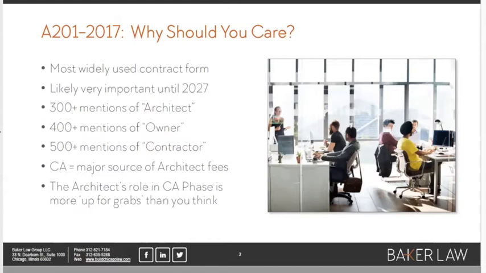Over the last 2 decades, there have been other industry groups besides the AIA, groups formed largely by contractors, that have their own standard form agreements. If you were to look at some of those other contract forms, which are essentially the equivalent of this A201 general conditions, those contracts barely mention the word architect at all.